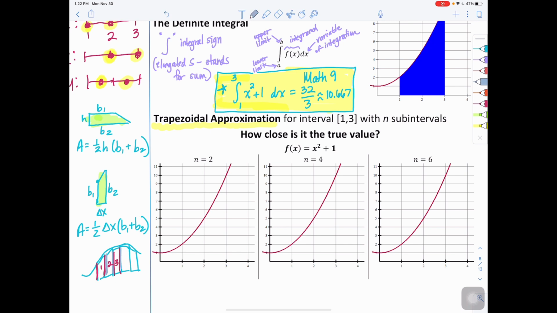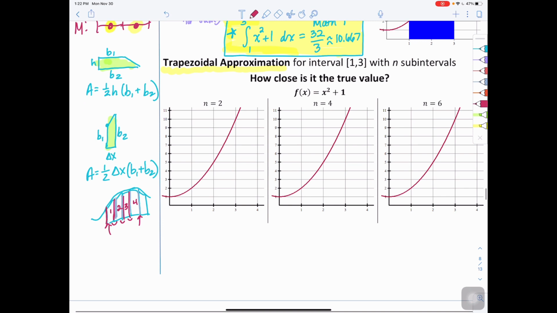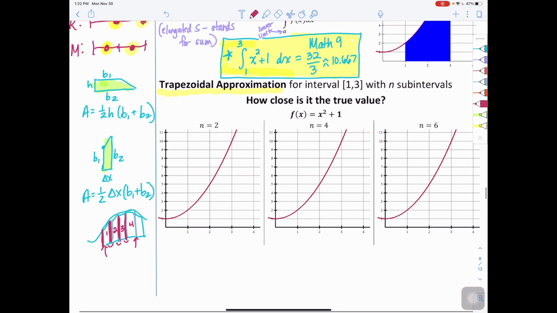And then you're going to use this side and this side for the fourth. So what do you notice? You use double on the insides and singles on the outside. And that's why we will write our formula as the area under that whole curve is going to be 1/2 delta x times this side one time, this height twice, this height twice, this height one time. It will make sense. Let's go right to an example.